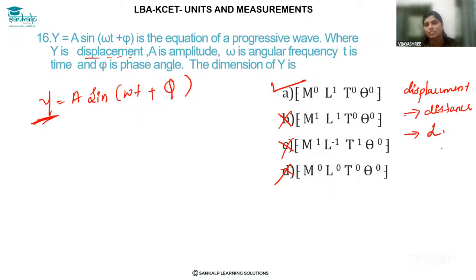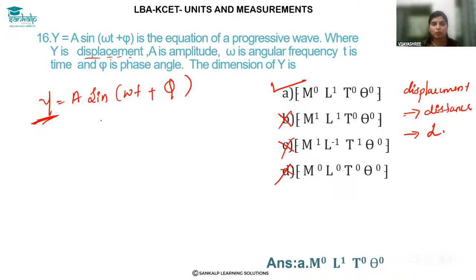Displacement is nothing but distance. Distance has the dimensional formula L. L means length ಅಲ್ವಾ. So the correct answer is option A, M raised to 0, L raised to 1, T raised to 0, theta raised to 0. Okay.